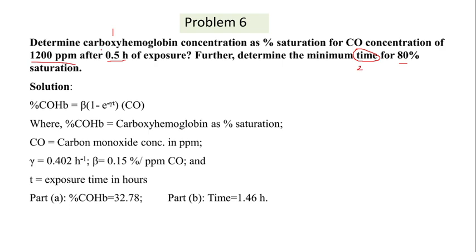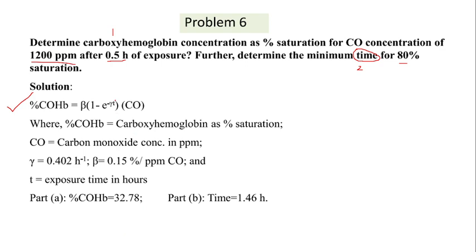Okay. So we know that this is the general formula. Percentage carboxyhemoglobin saturation is equal to beta into 1 minus e power minus gamma t into CO. So CO is the carbon monoxide concentration in ppm, and gamma is 0.402 per hour, beta is 0.15 percentage, and t is the time. So time given is 0.5 hours, right?